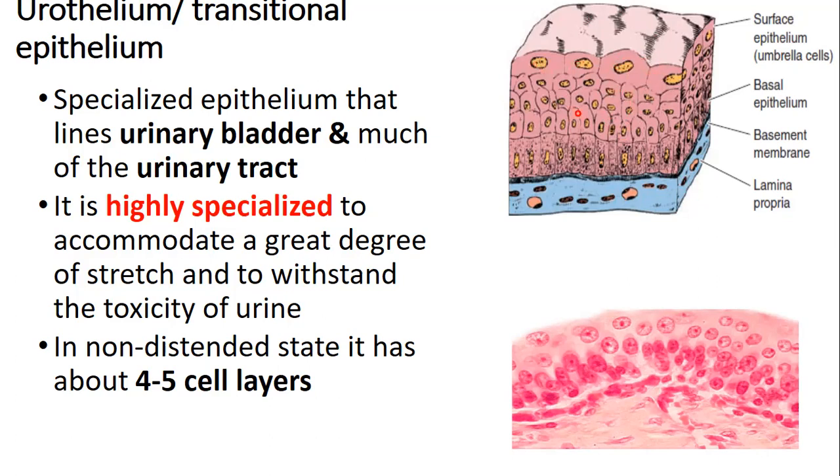And therefore, the numbers will reduce from being 5 to being 3 or 2. And that's why you call it transitional epithelium, or rather urothelium, found only in the urinary system. Nowhere else in the body are you going to find this type of epithelial tissue.